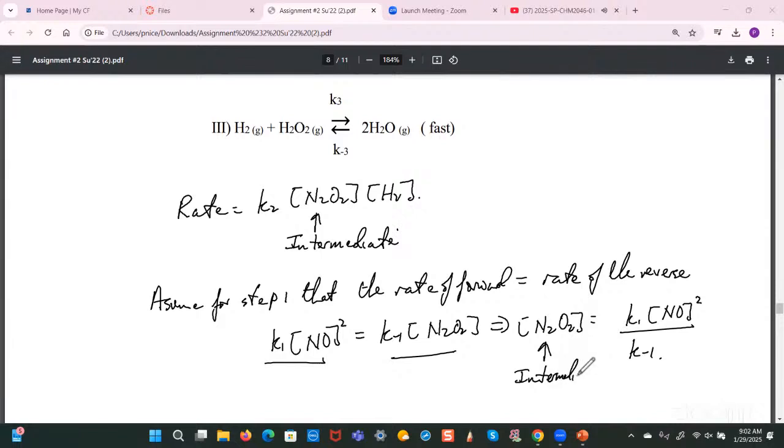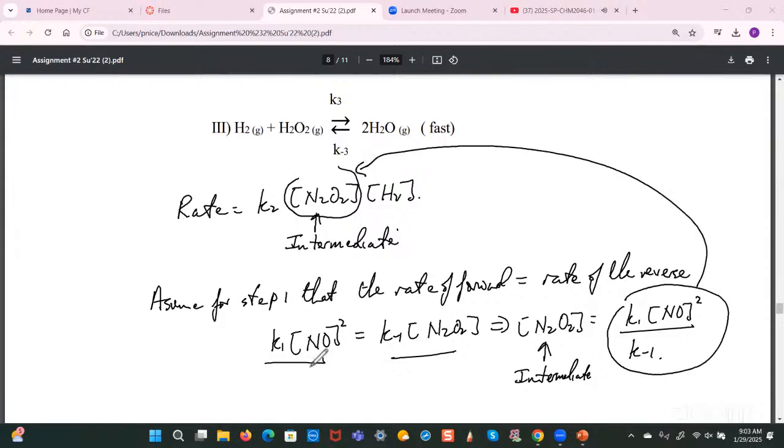And then where I have the concentration of the intermediate, I'm going to plug all of this in where that is, right? Let me put this down here.